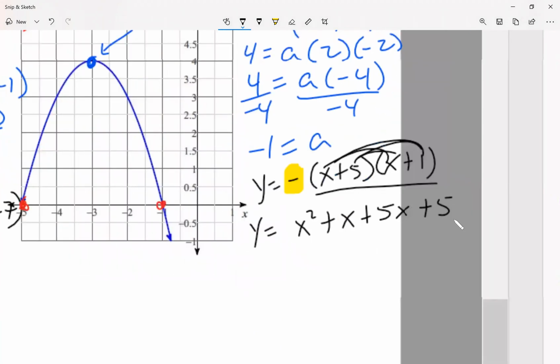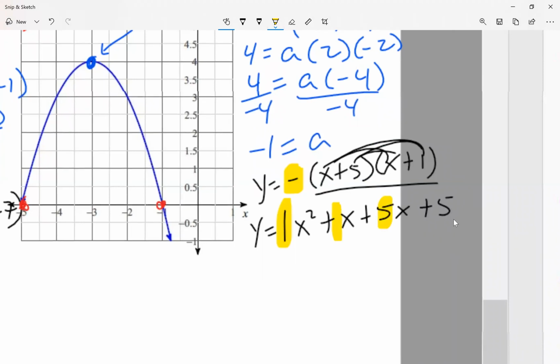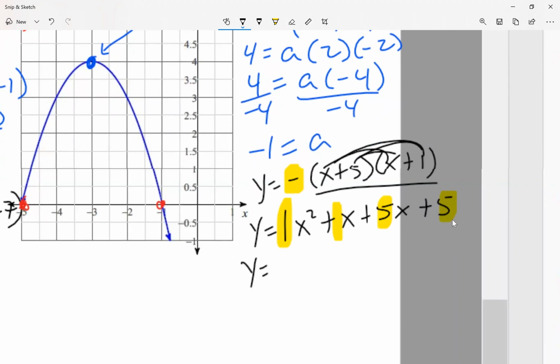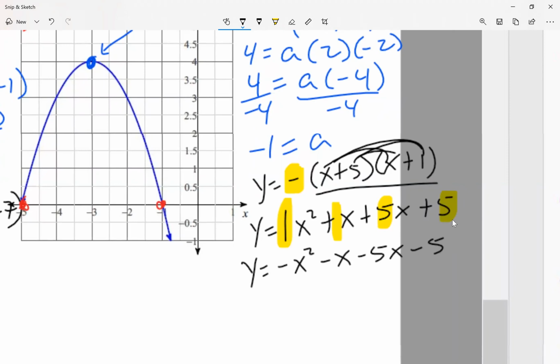I'm going to multiply each number. So there's a 1 there for me to see it. I'm multiplying each number by the aperture, in this case by negative 1. So I have y equals negative x squared minus x minus 5x minus 5. I multiplied each of those by the aperture, in this case negative 1.